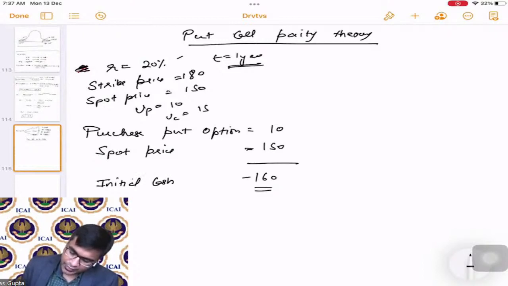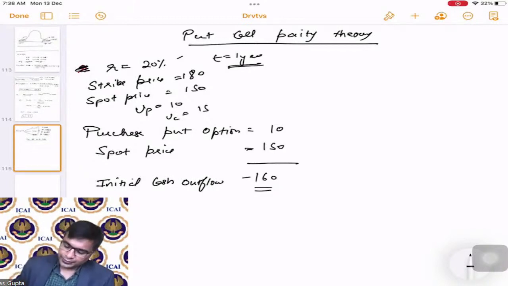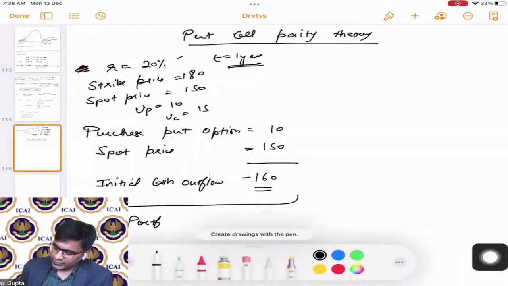Right? This is what portfolio 1 or investor 1 will do. We are talking about investor 1 here.